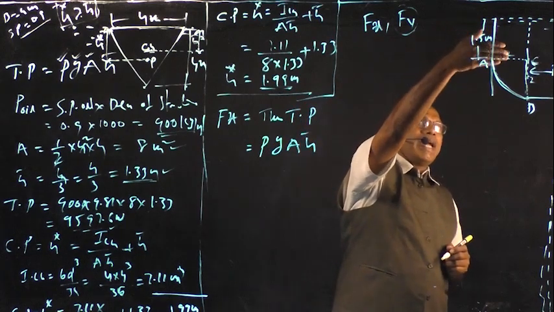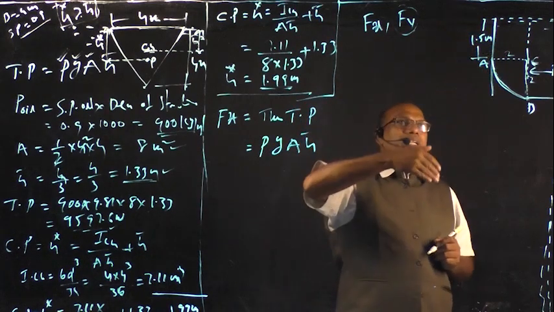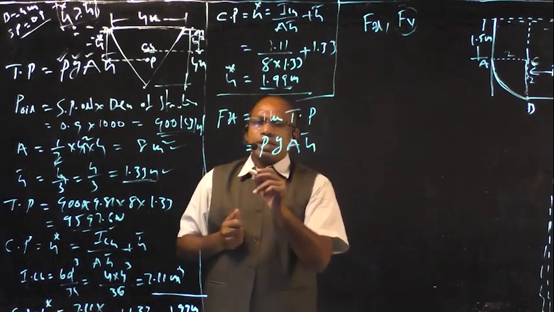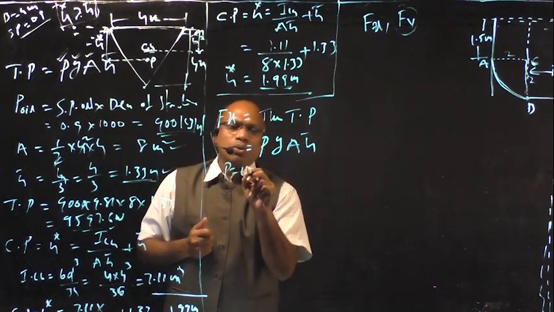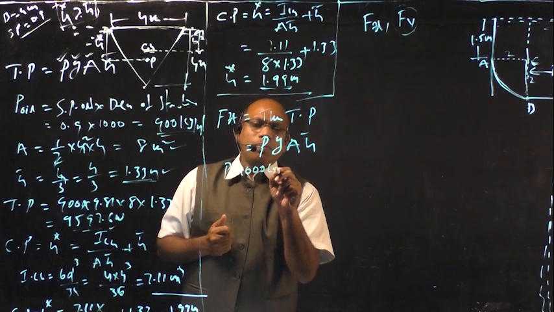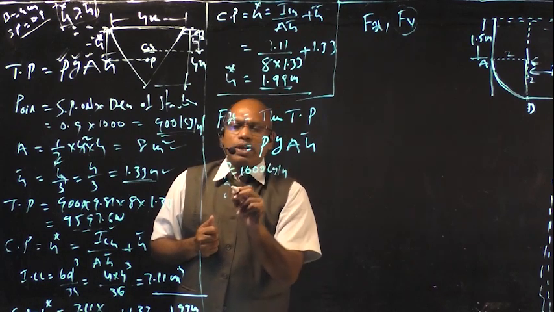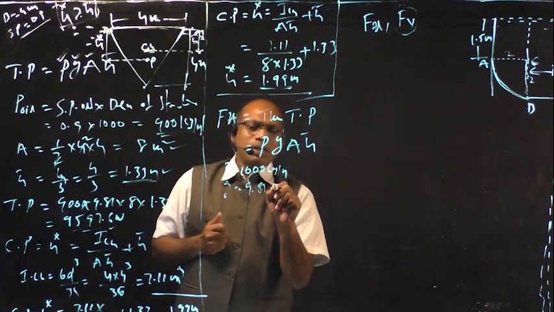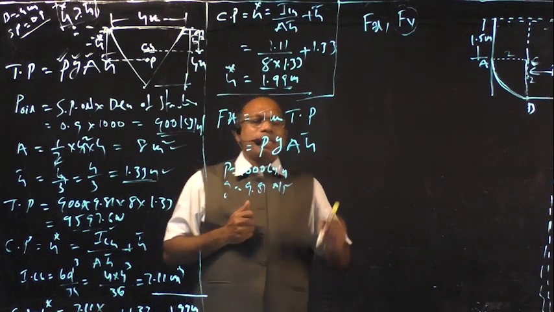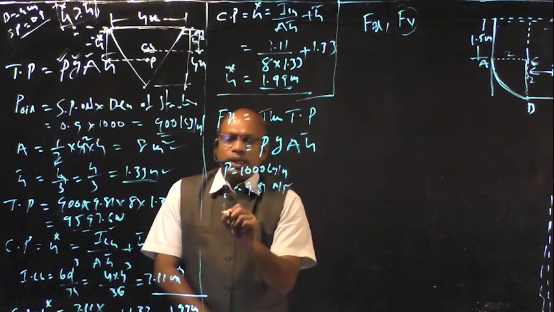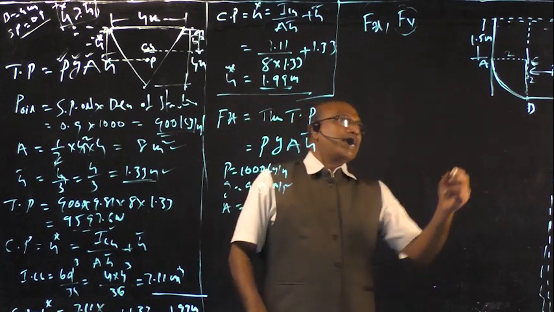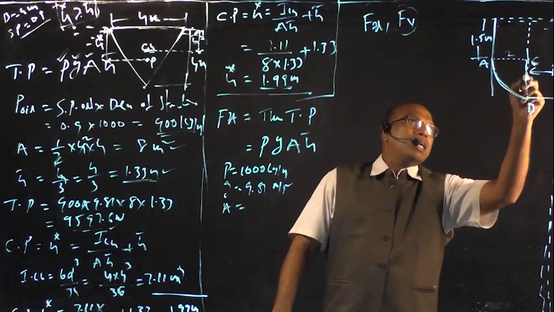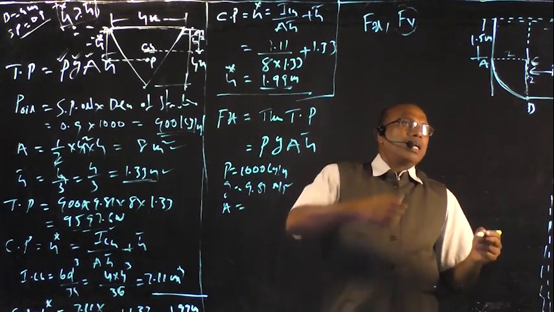This curved plate is inserted in the liquid, which is nothing but water. Rho is equal to 1000 kg per meter cube, g equal to 9.81 meter per second square, and what is the area? This is the depth.